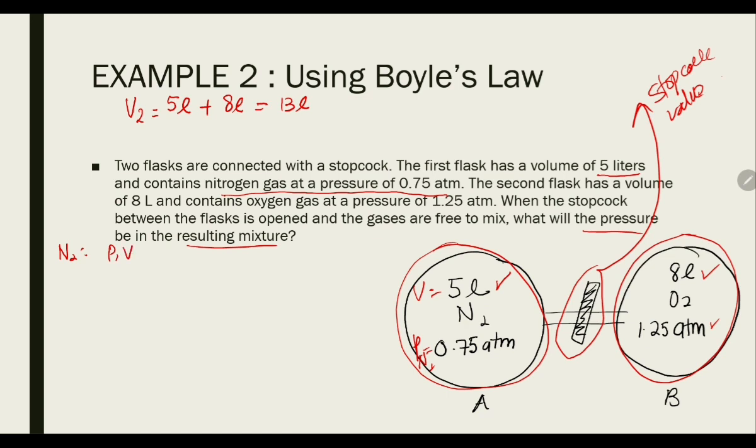P1V1 equals P2V2. Pressure 1 is 0.75 atm, V1 is 5 liters, P2 is what we're going to find out, and volume 2 is the new volume after mixing, which is 13 liters. Now try to calculate P2, the new partial pressure for nitrogen.